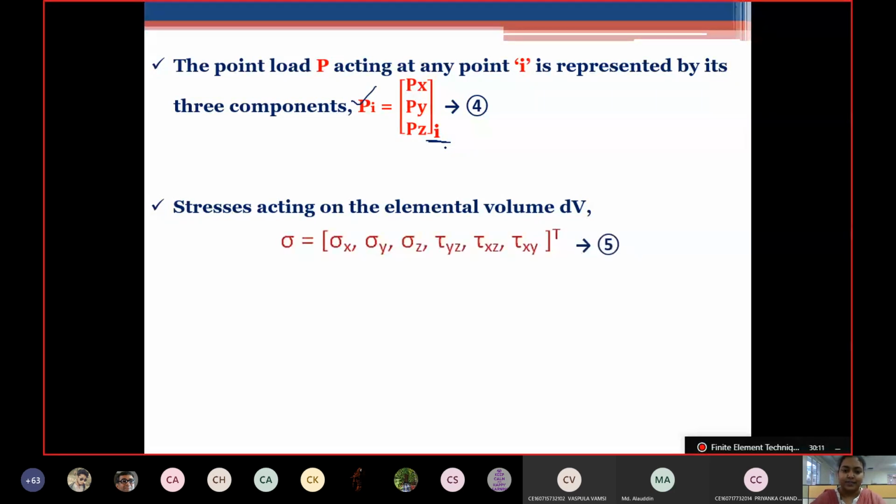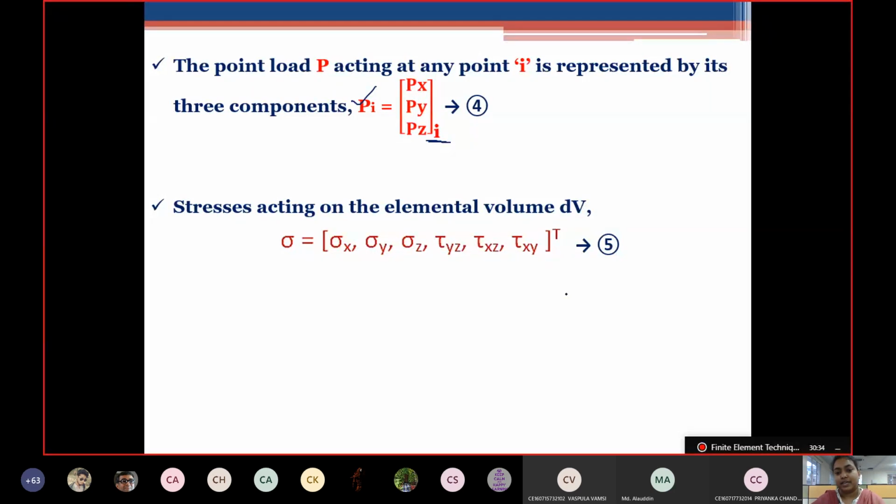Now, these are the stresses acting on the elemental volume dV. What are those? We have sigma x, sigma y, sigma z, that is stresses in all the three directions, and tau xy, tau yz and tau xz.